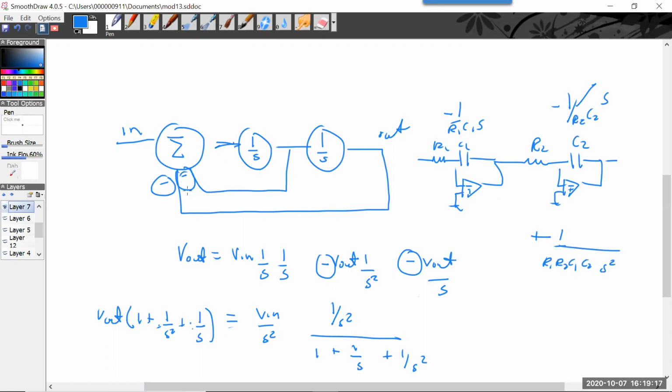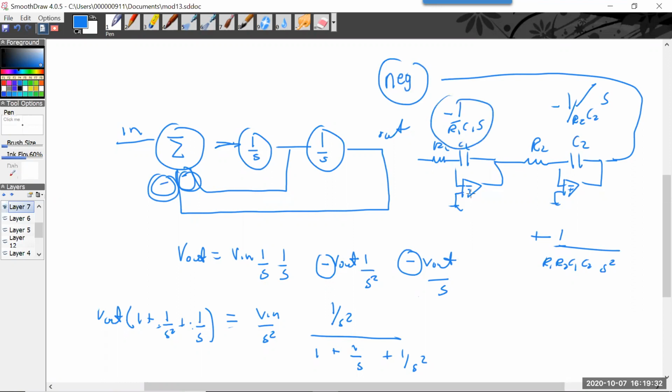But here it's all negative feedback. So on that summer, I need to actually add it back in on the negative side, where this is already inverted. I just add it in on the positive side. And so it's really just a minus times a minus and a minus times a plus. That's really all we're doing.